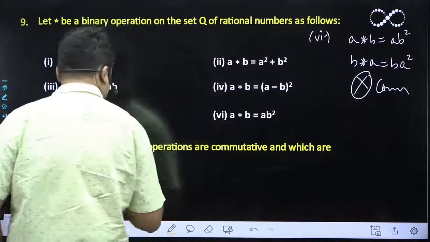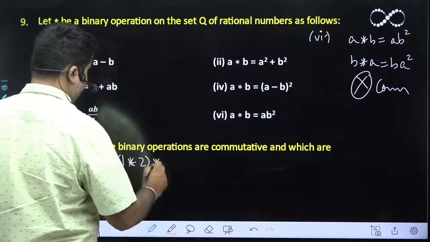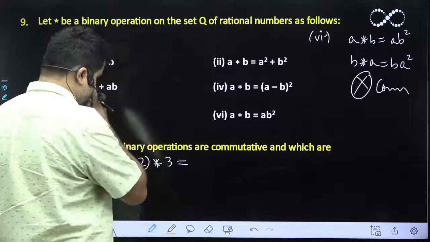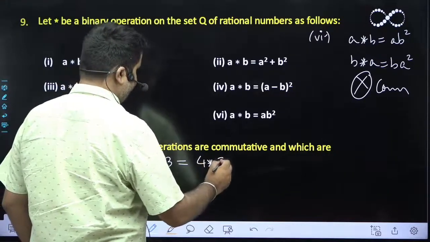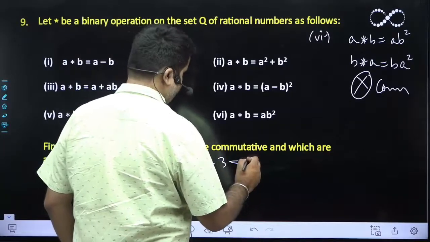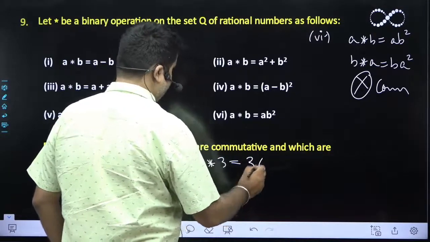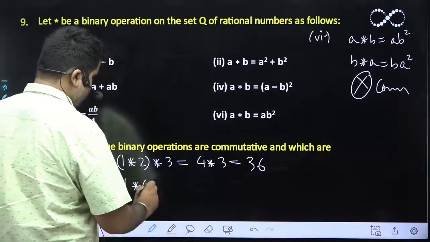Let's see the associative property. (1 star 2) star 3. What is this? 1 times 2 square, which is 4. 4 star 3. What is this? 4 times 3 square, which is 36.